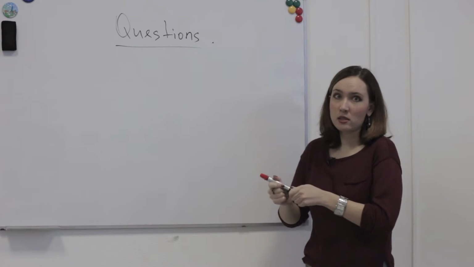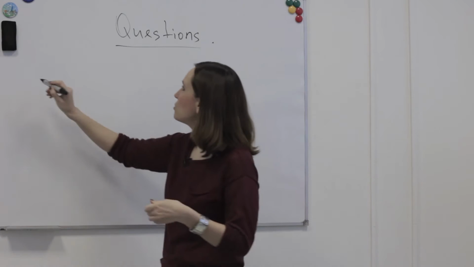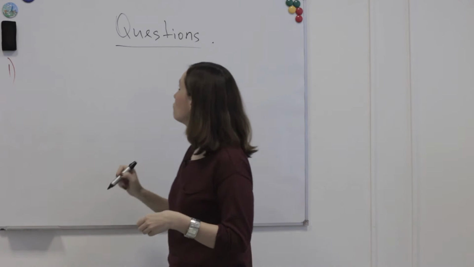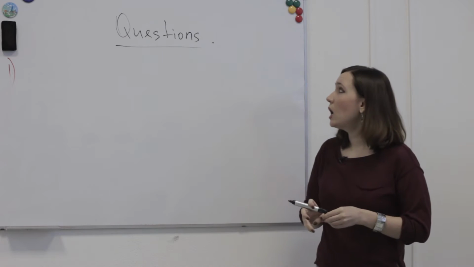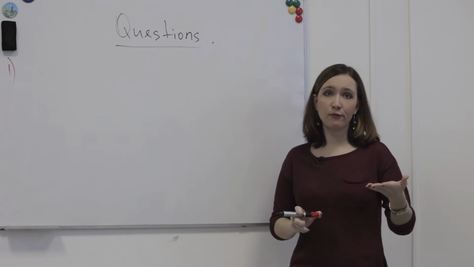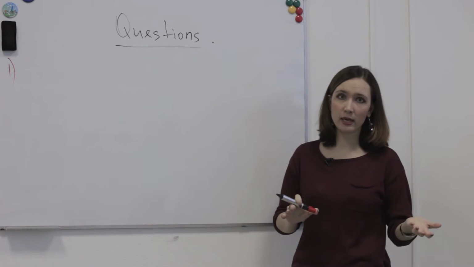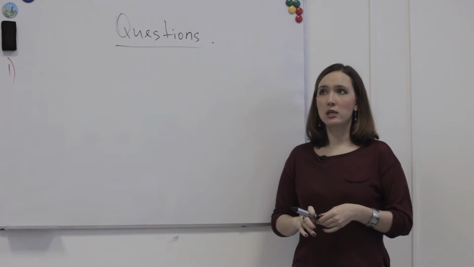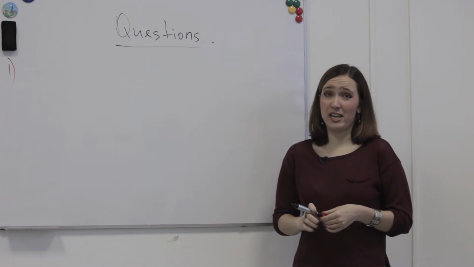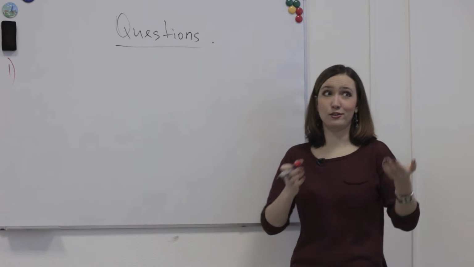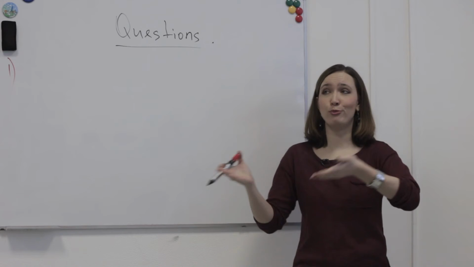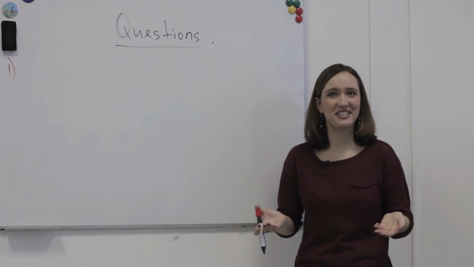Of course, the basic one that everybody knows is a classic question, and the one where you have to use an auxiliary, a helper verb, to actually make your sentence a question. Say in Russian, we just change our intonation and an affirmative, a positive sentence becomes a question. Easy peasy.